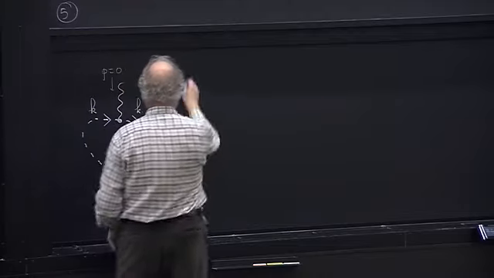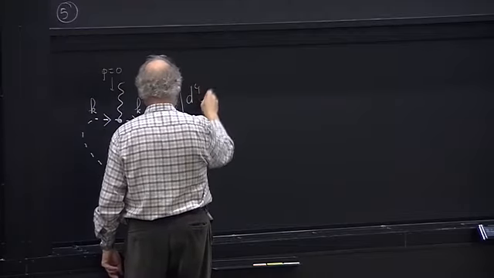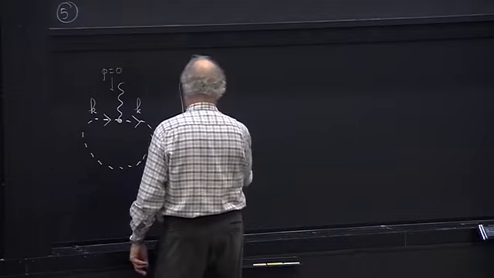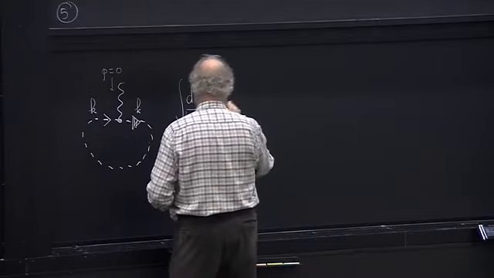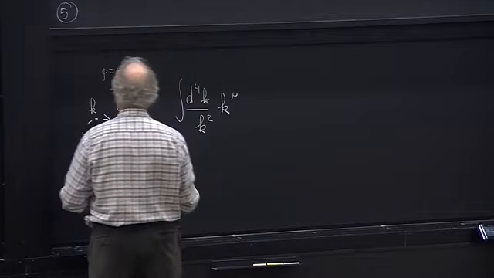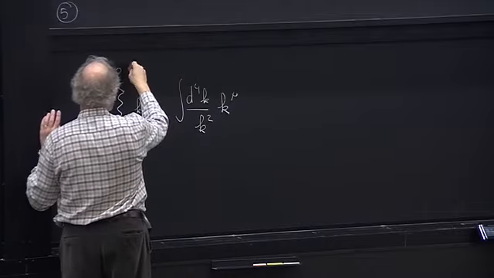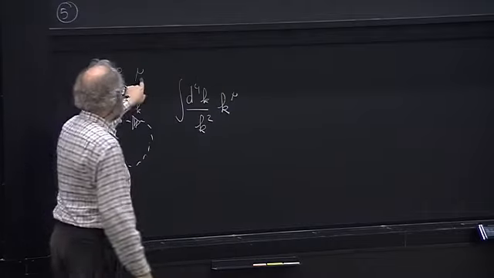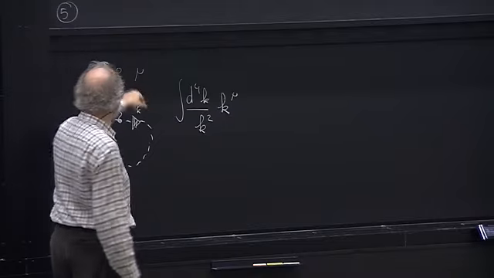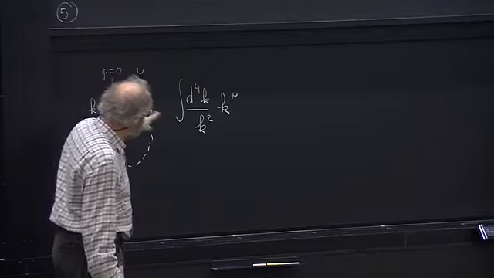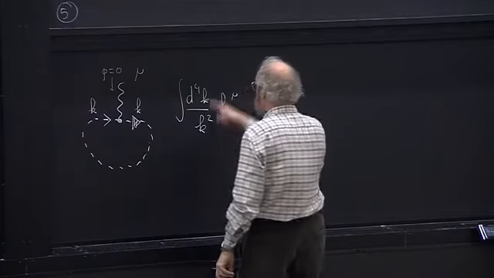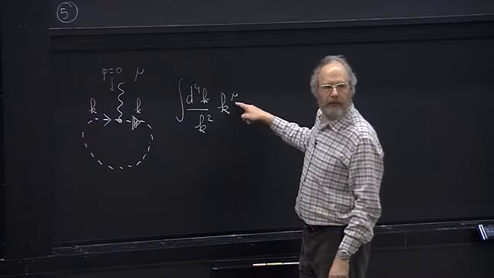And the amplitude for that is d^4k divided by k squared, and then you have a k^mu here. So first you have here a gluon, a gauge field with index mu, a polarization mu, but 0 momentum, which is a bit problematic. But then the amplitude of this is the integral of d^4k over k squared times k^mu.